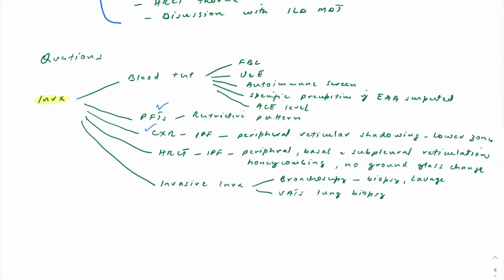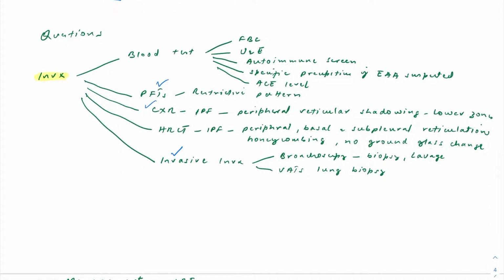And finally, invasive investigations like bronchoscopy for biopsy and lavage. Lavage is not very helpful, but can be helpful if you suspect sarcoidosis. And open lung biopsy. So just divide the investigations into groups so you don't miss anything.